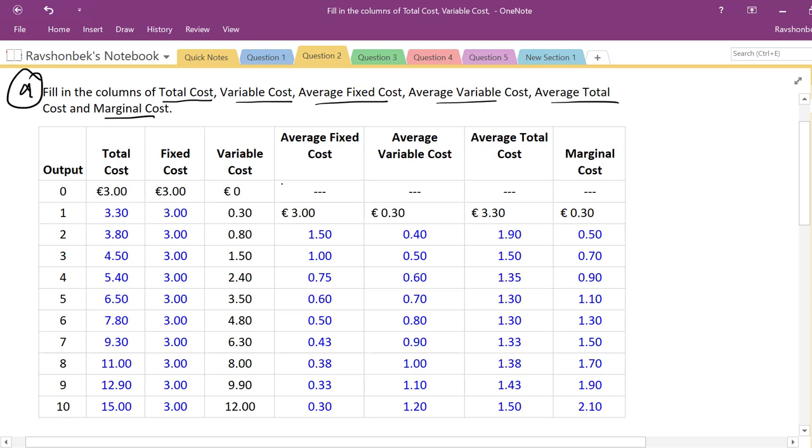What we are given here is anything that's in black font. This column is fully given, these are given, and the output. Now when you produce 0 output, the total cost is 3 euros.